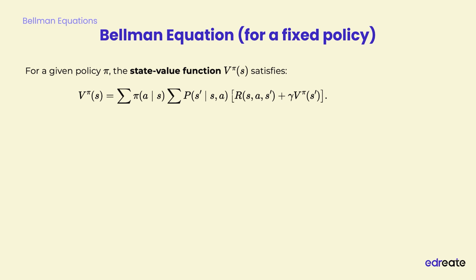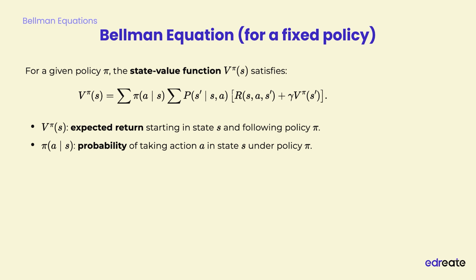Here, v pi of s is the expected return starting in state s and following the policy pi. pi of a given s is the probability of taking action a in state s under policy pi. p of s prime given s and a is the transition probability from state s to state s prime under action a.